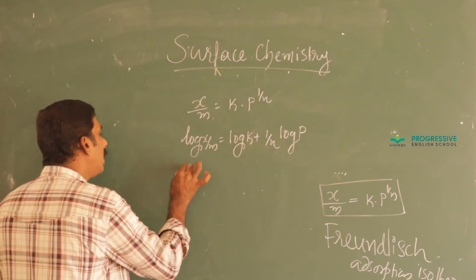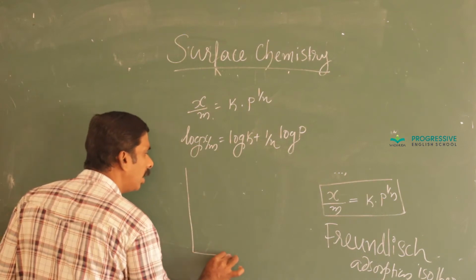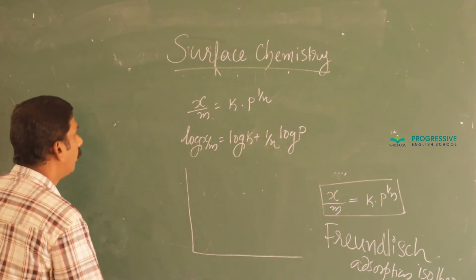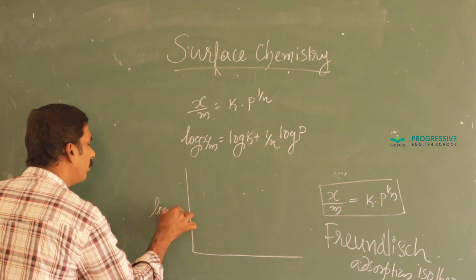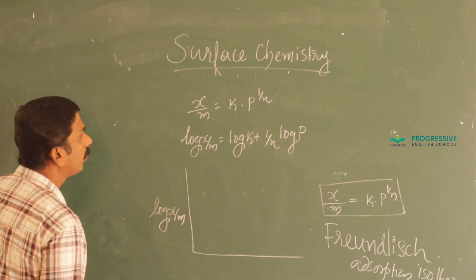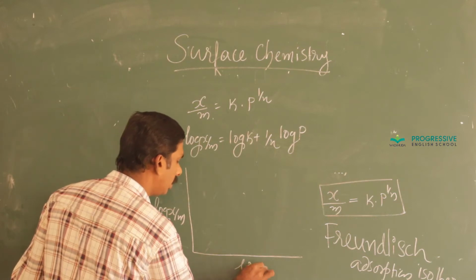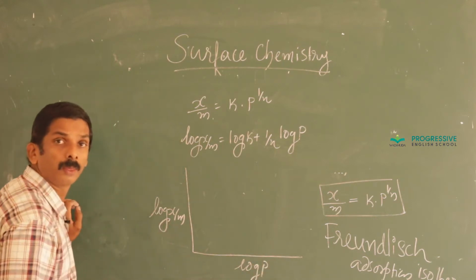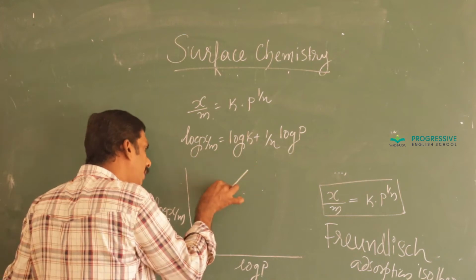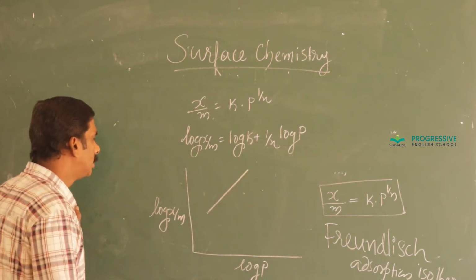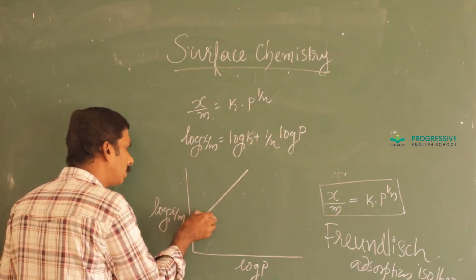And we just redraw that graph by taking, instead of x by m, log x by m against log p.